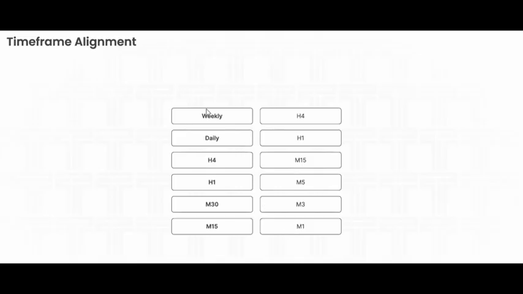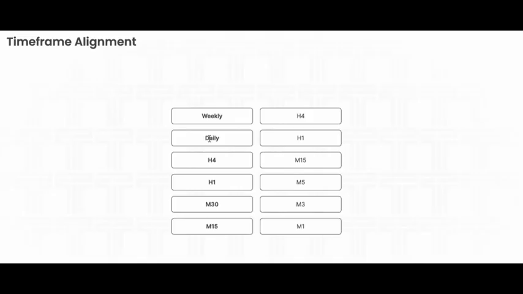So one can use the weekly time frame as a bias, and then the 4-hour time frame for the structure, and then the 15 minutes for your entry. I hope you get it.